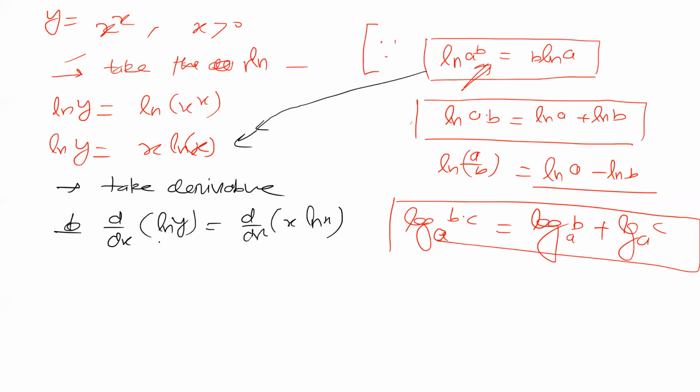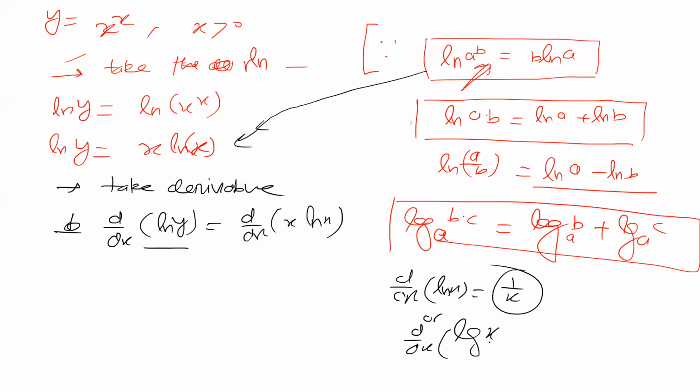Here we just apply the chain rule. We know the derivative of ln x is 1 by x. Or you can also write it in terms of log x to the base e, which is the same, because we already told you ln x is equal to log x to the base e.